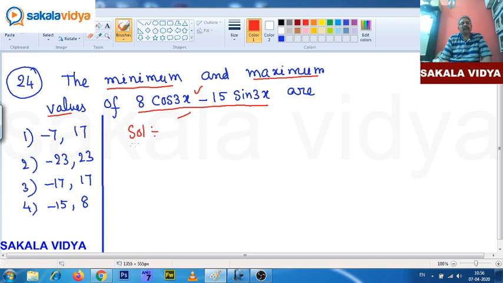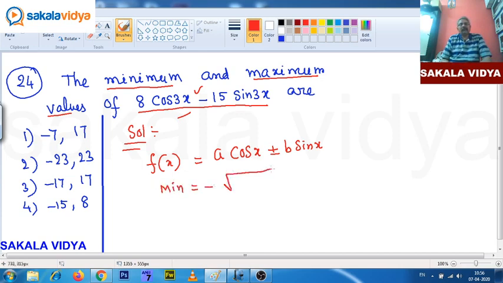So, we have the formula. For example, if f of x is equal to a cos x plus or minus b sin x, then minimum is equal to minus root of a square plus b square, and maximum is equal to root of a square plus b square. This is the information.